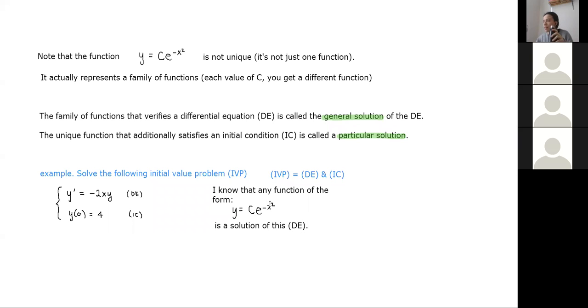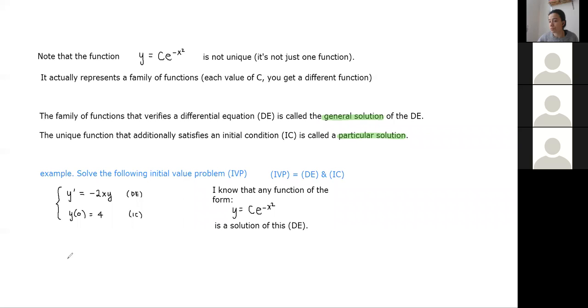So what is the only thing that I have left to find in this case? Anyone? C. C is the only thing that I don't know for this function, right? E to the minus x squared, that's already a function. But the c that I have over here, I still don't know what its value is going to be. So that means that I'm going to plug into the initial condition and figure out what the value of c is going to be.